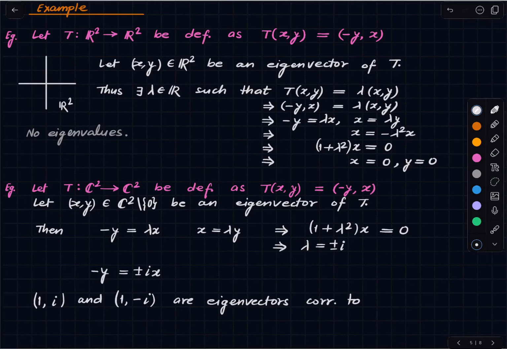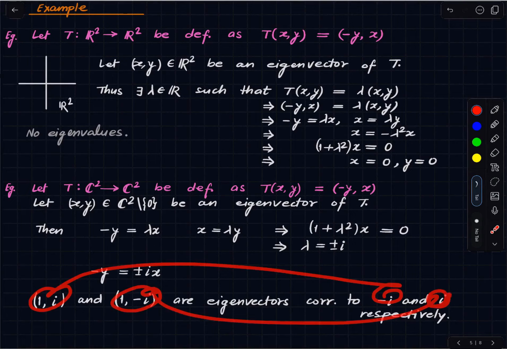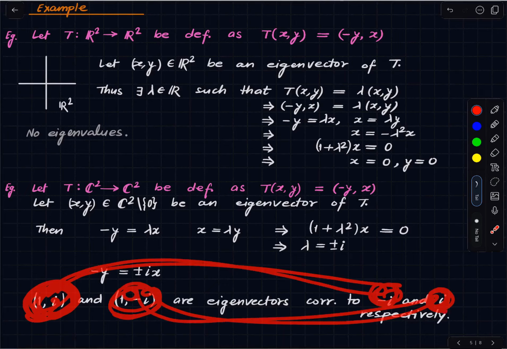So with the minus sign, I think it will be like this, corresponding to minus i and i respectively. I hope I'm not making a sign mistake. Please check. So this corresponds to that and this corresponds to that. So this is the eigenvector, or an eigenvector, not the eigenvector, an eigenvector corresponding to this. And this is an eigenvector corresponding to that.